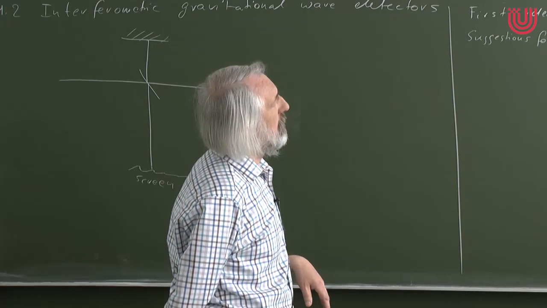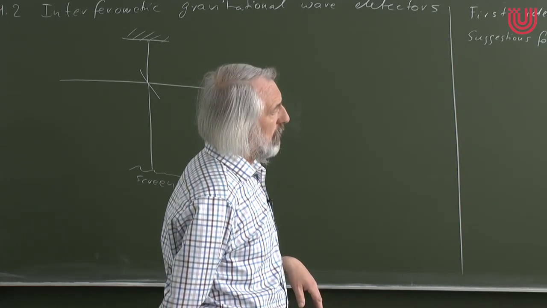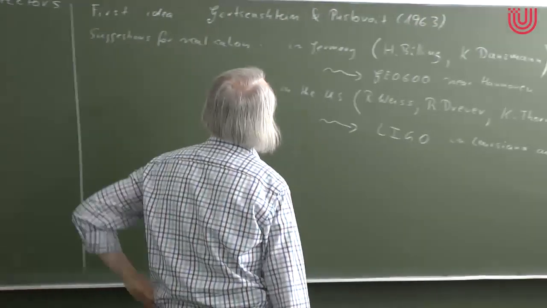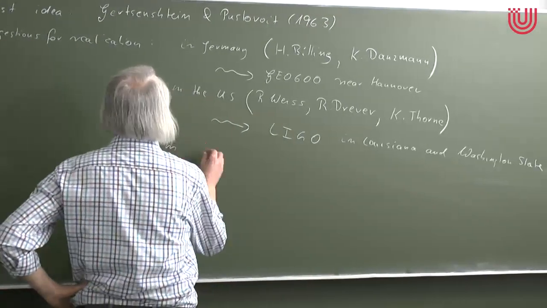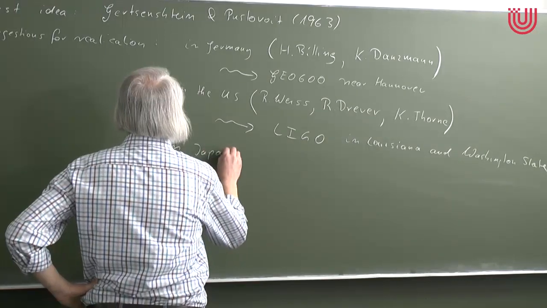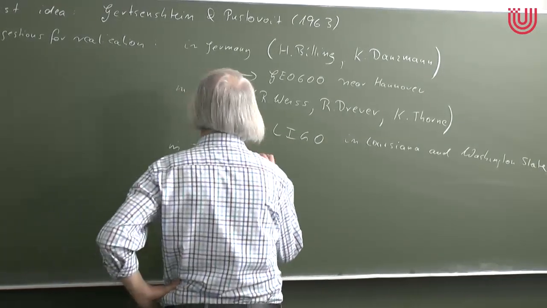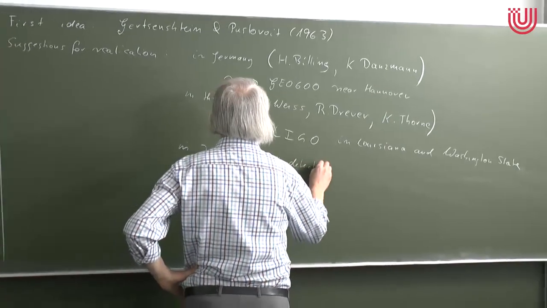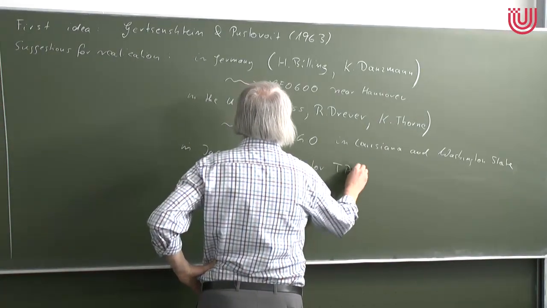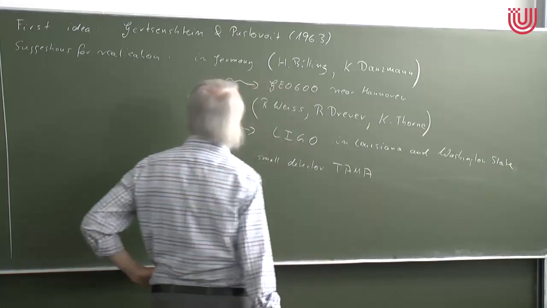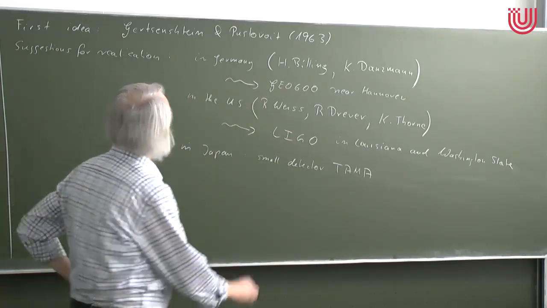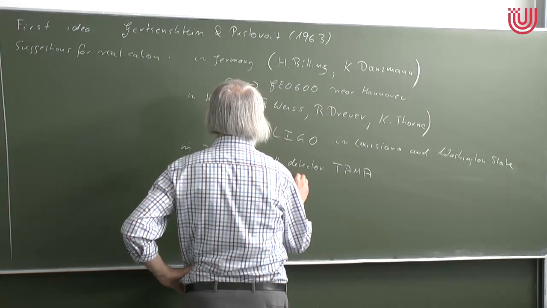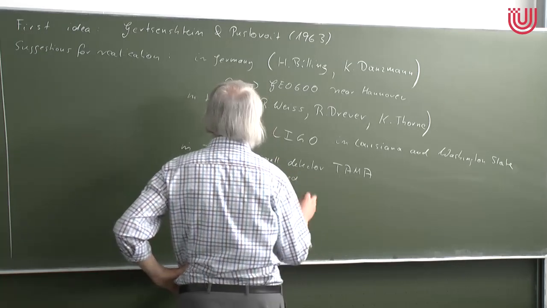And then also Italy and Japan entered the game. This was a bit later in Japan. In Japan, there was a small detector, TAMA, which is no longer in operation, and they are now planning building a bigger one, a cryogenic one, also operating at low temperature.